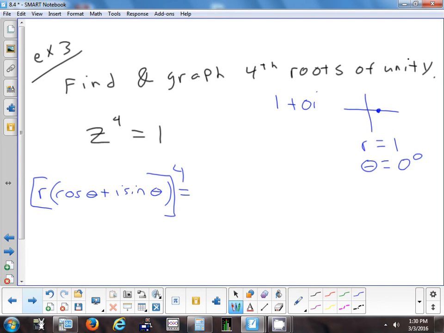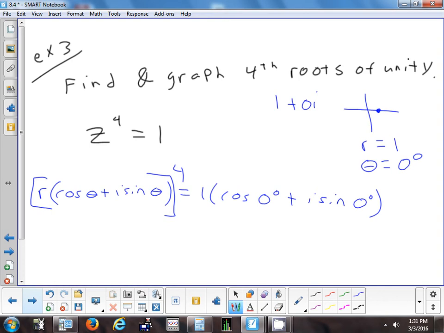We figured out much harder angles and radii last night. Now that is going to take the place of 1. So we're changing 1 to trig form. So it's r cosine theta plus i sine theta. Next step, I want to do out what's on the left-hand side as much as I can.